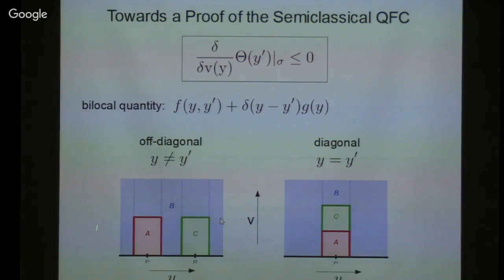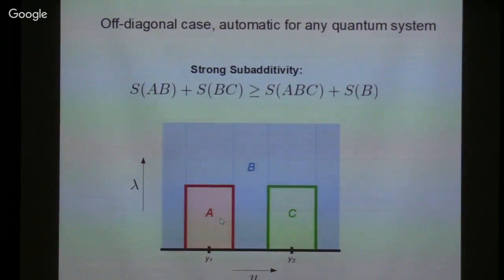So what we did is we considered two cases where, for the second derivative, you could take this null surface and push it forwards either in two different places, or you could push it forwards in the same place. That corresponds to these two terms. In the first case, where you push it forwards in two different places, this sort of off-diagonal piece of the quantum focusing conjecture turns out to reduce to a property that people can prove in information theory for all quantum systems.